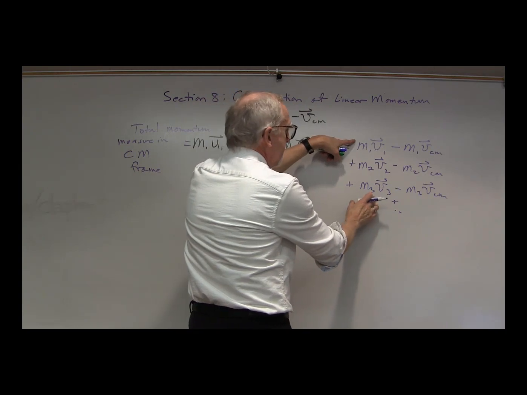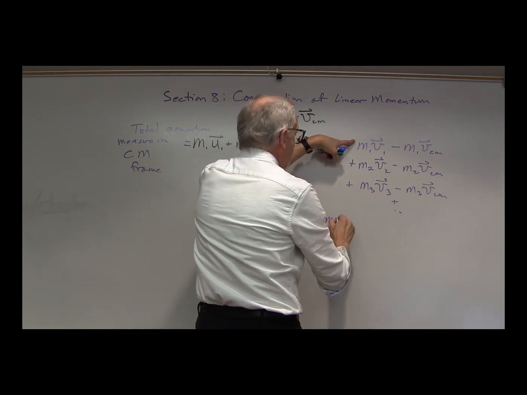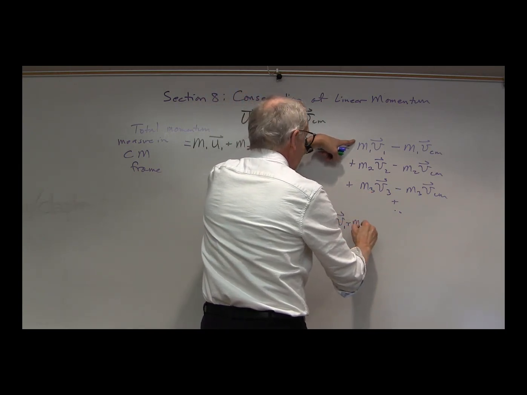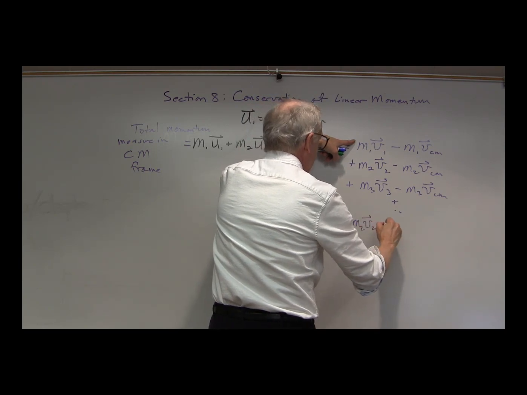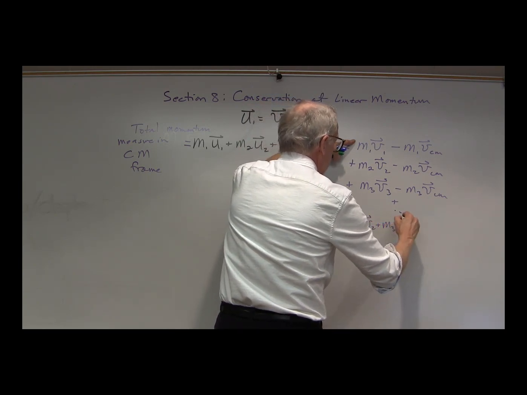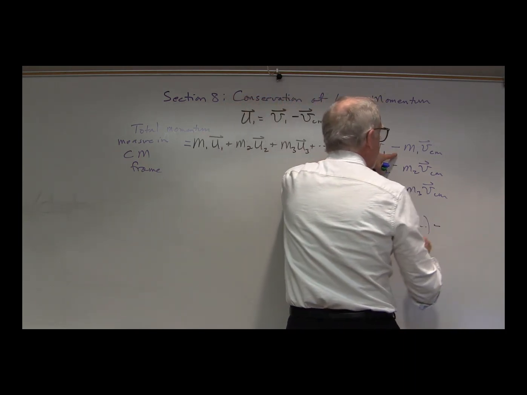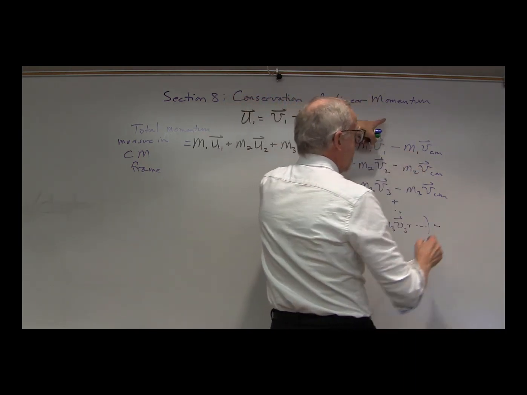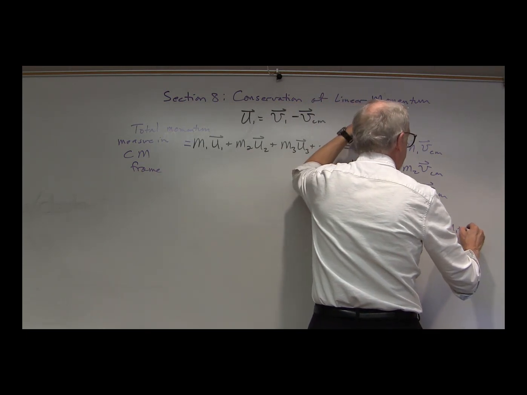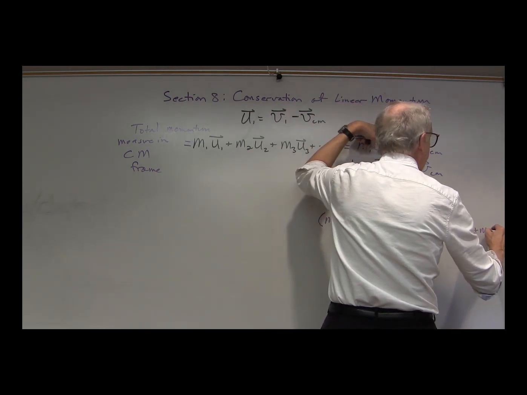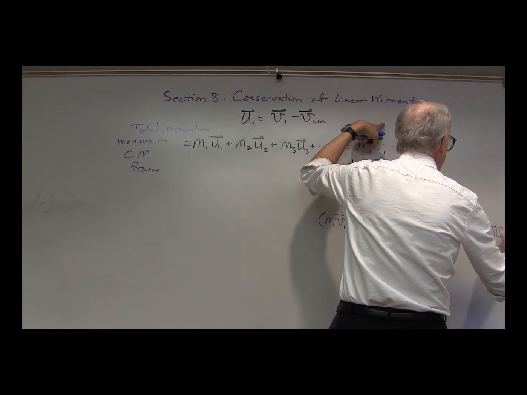Now, what are all of these? This will be M1V1 plus M2V2 plus M3V3 plus et cetera, et cetera. And then this is minus, well, all of these are VCM, so this is M1 plus M2 plus M3, et cetera, times VCM.